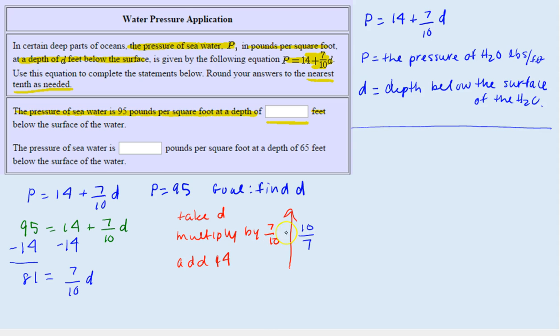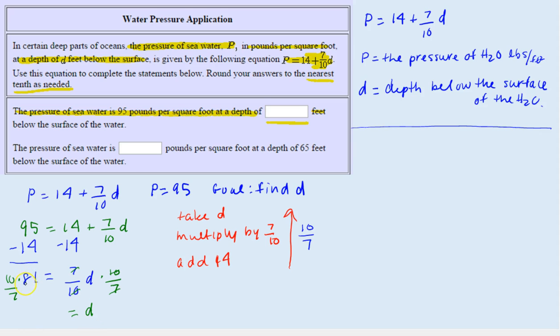Notice 7/10 times 10/7 gives you 1. So multiply both sides by 10/7. And here notice the 10s cancel, the 7s cancel, we're just left with d.